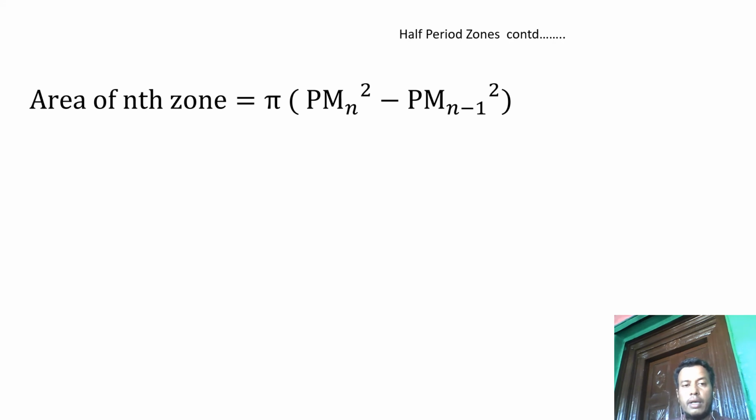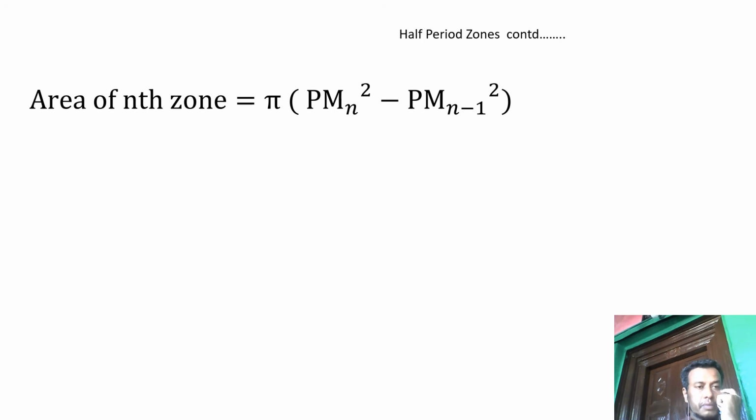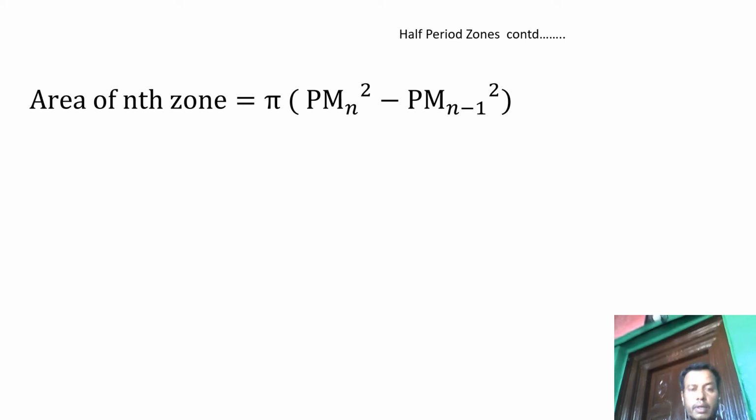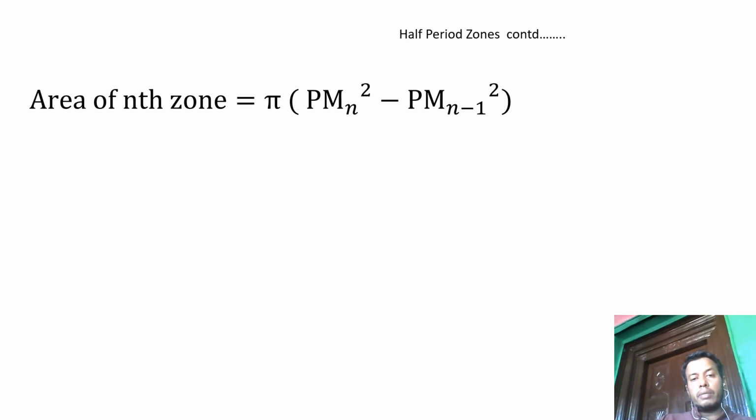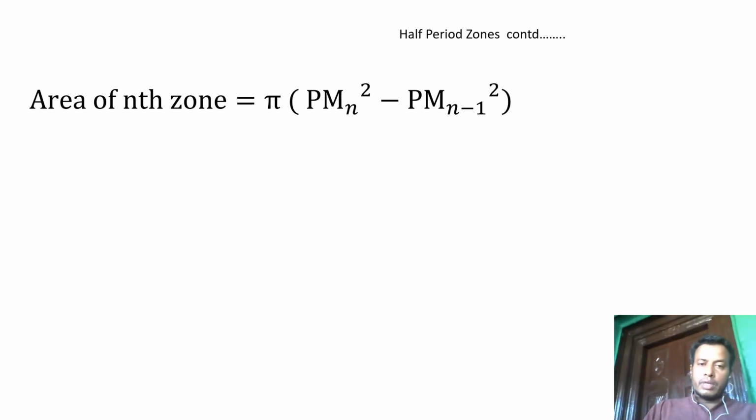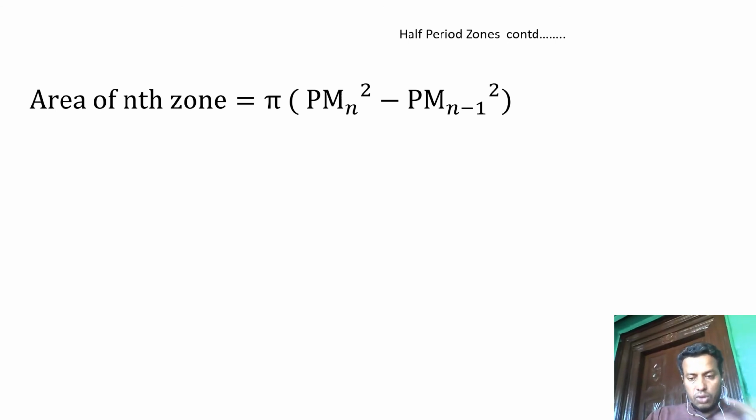So the area of the nth zone can be the difference between the two consecutive zones' areas, that is pi r n square minus pi r n minus 1 square. The n and n minus 1 they are the consecutive ones, ಅಕ್ಕಪಕ್ಕ ಇರುವಂತಹ ಸರ್ಕಲ್ಸ್ ನ ಝೋನ್ ನ ಏರಿಯಾವನ್ನು ತೆಗೆದುಕೊಂಡಾಗ ದೇರ್ ಡಿಫರೆನ್ಸ್ ಗಿವ್ಸ್ ದಿ ಏರಿಯಾ ಆಫ್ ದಟ್ n ಝೋನ್ ಮಾತ್ರ.